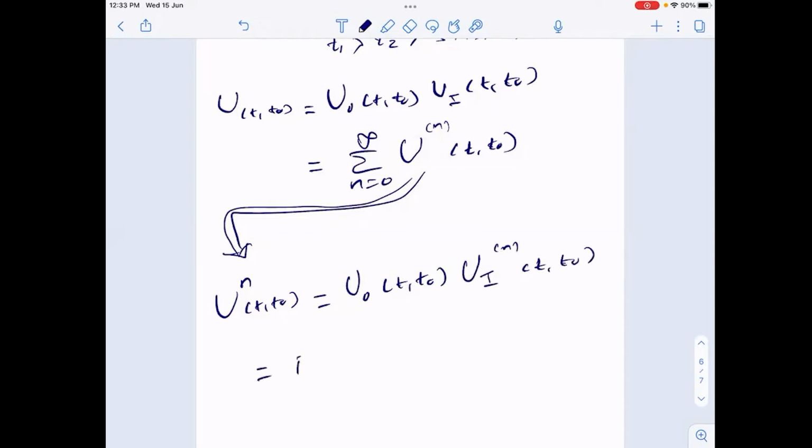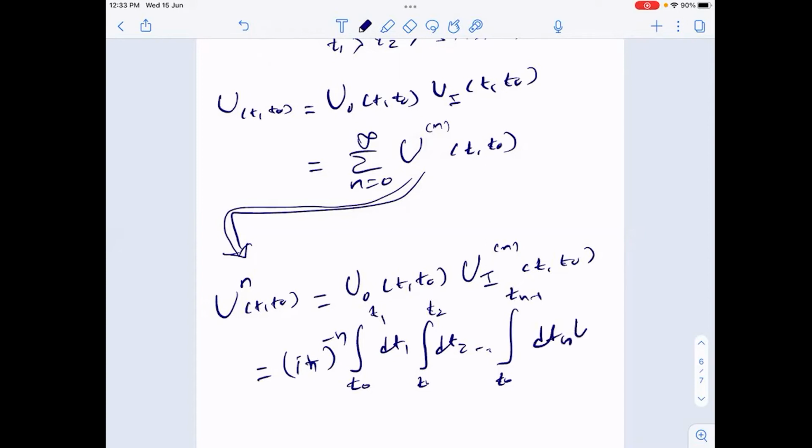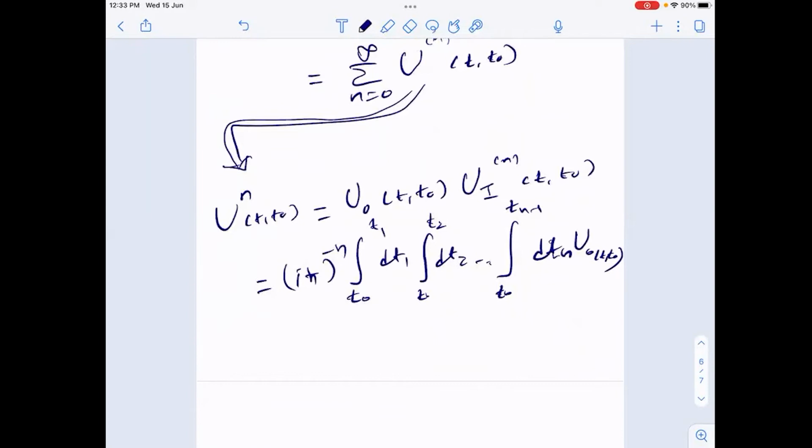What is it? (1/iħ)^n, integral T0 to T1 dt1, T0 to T2 dt2, up to T0 to Tn minus 1 dtn, U0(T,T0), into, in the continuation of here, V1(t1) V2(t2) up to... we have not given the potentials names, right?